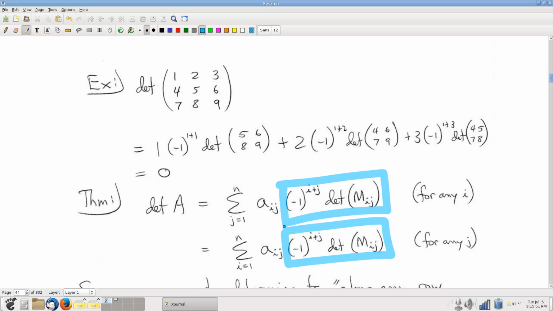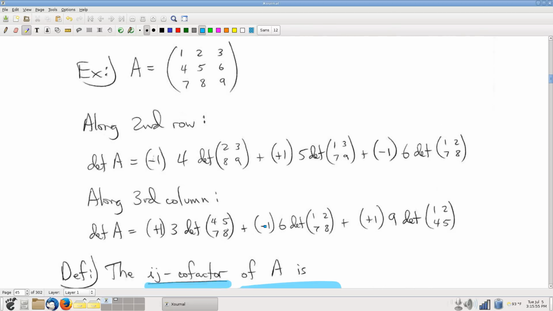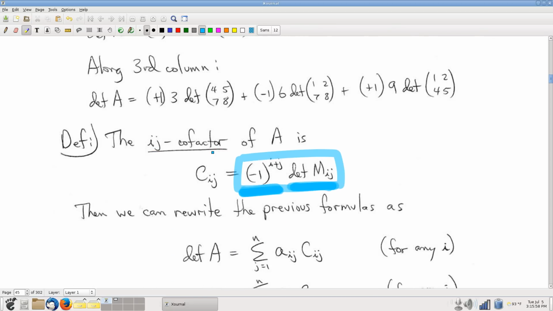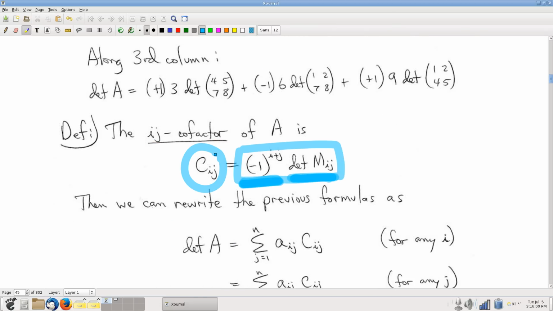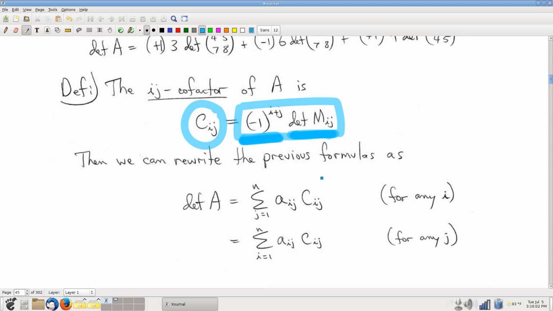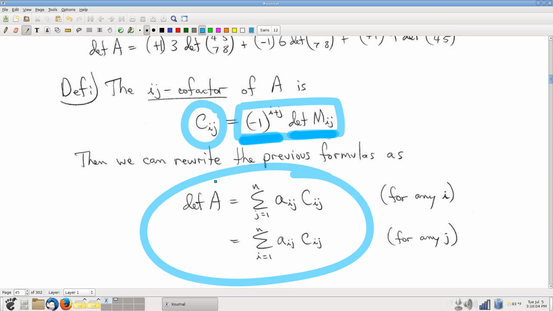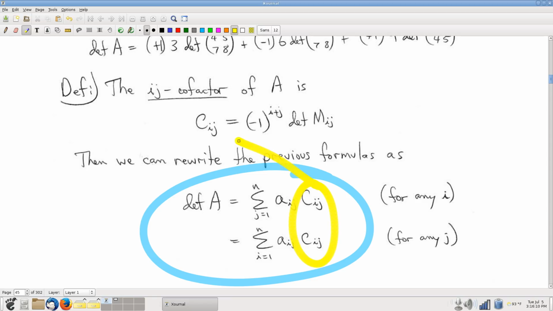So calling this a cofactor and giving it a name, referring to it now as Cij, those formulas now turn into these formulas. Now, nothing's happened. We didn't change the formulas any. I just have an abbreviation now for what had been the separately written minus signs and minor determinants.